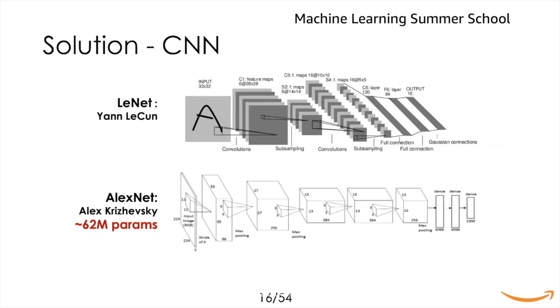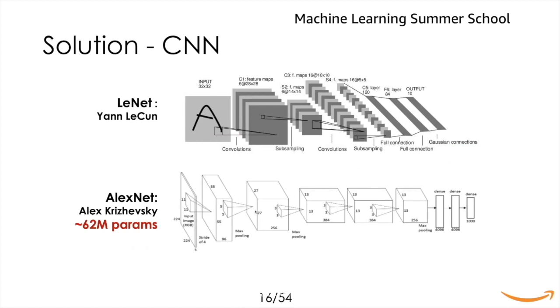But first, let me just give you some history of CNNs. The first CNN model that was used in practice is LeNet, which was proposed by Yann LeCun, who is considered the founding father of conv nets. He was able to successfully develop this architecture and use it for recognizing handwritten digits on US checks.